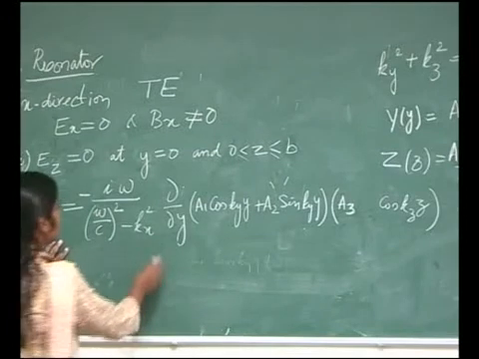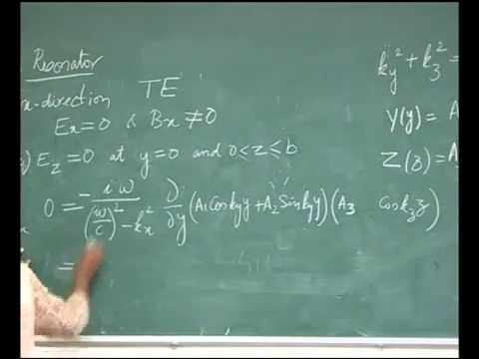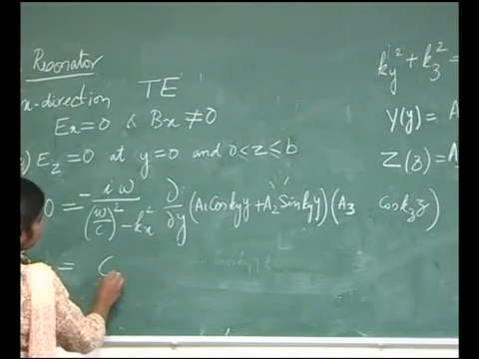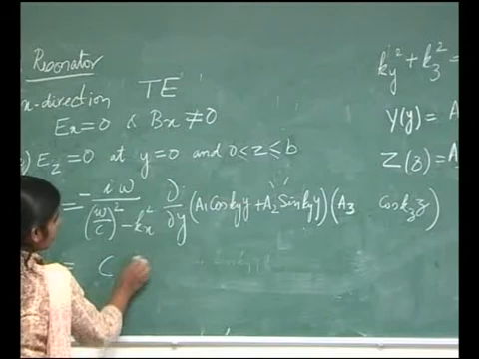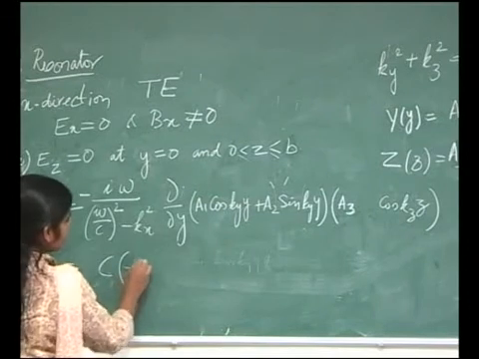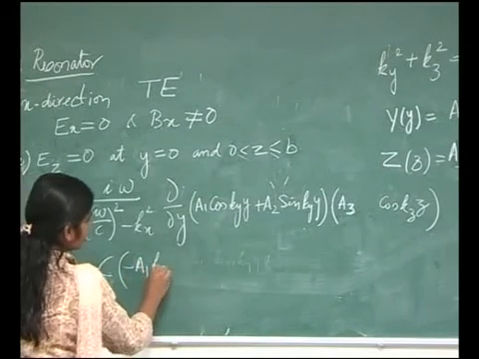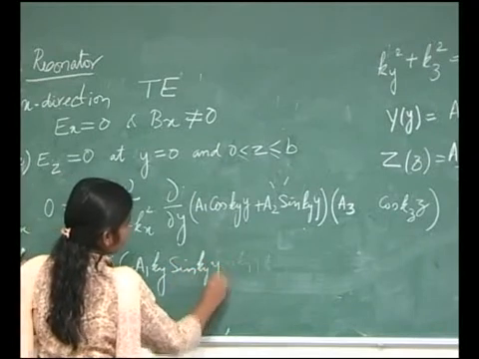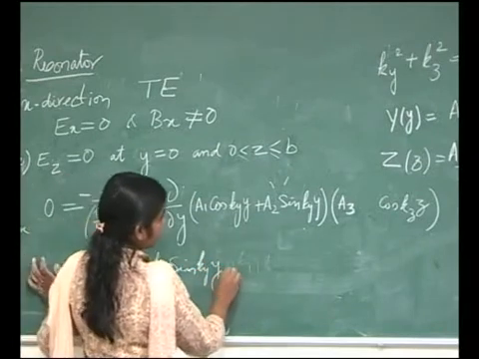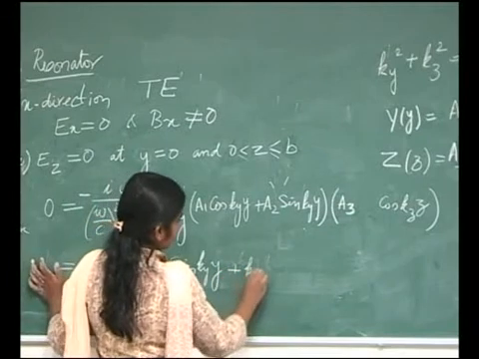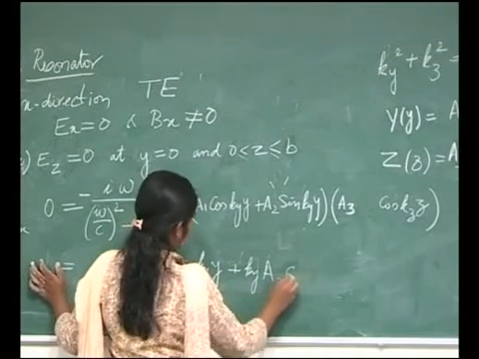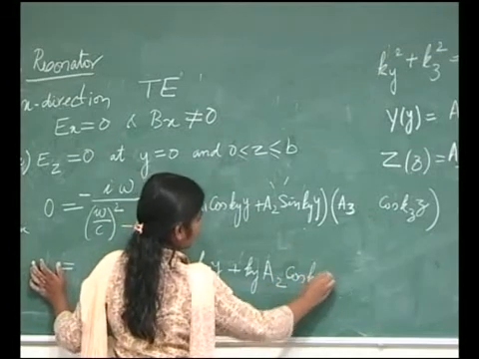So I can write straightforward, treating this as a constant C, del, and it becomes minus a1 ky sin ky y plus ky a2 cos ky y.